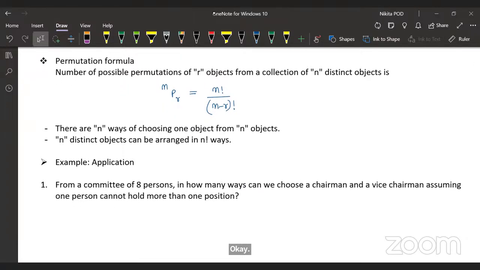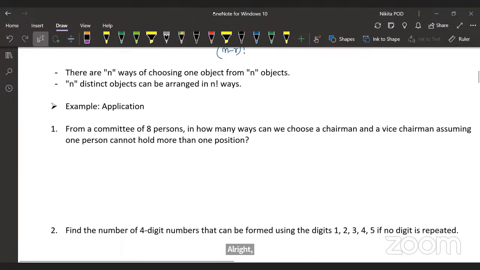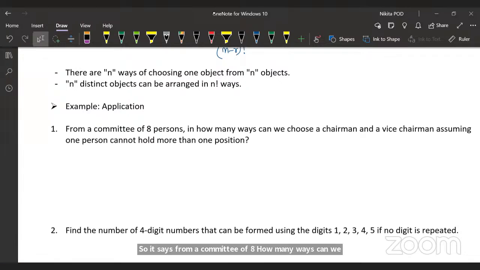All right. So we have this example over here. It says from a committee of 8 persons, how many ways can we choose a chairman and a vice chairman, assuming one person cannot hold more than one position? 56.